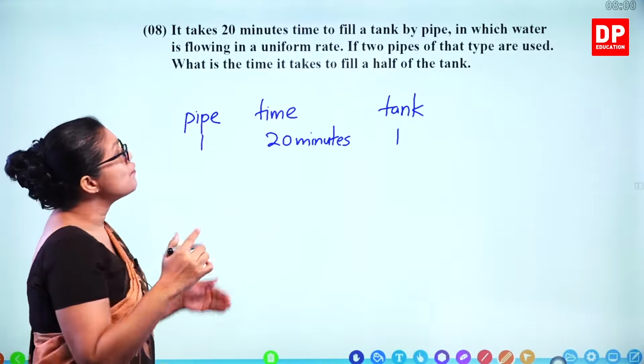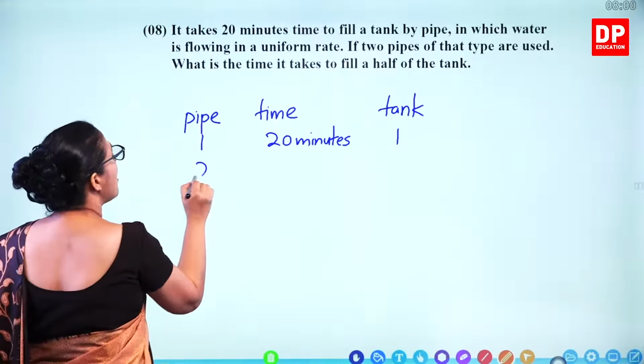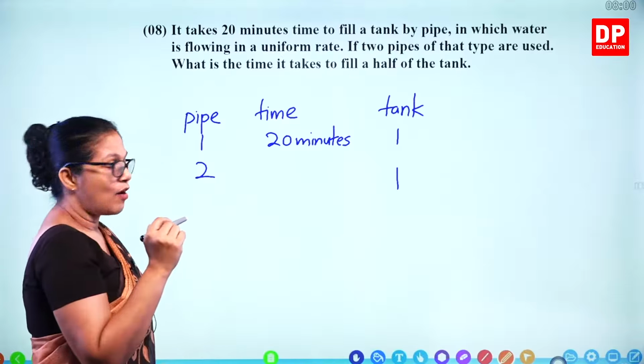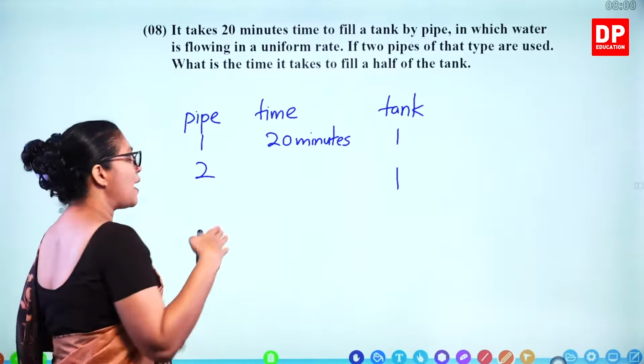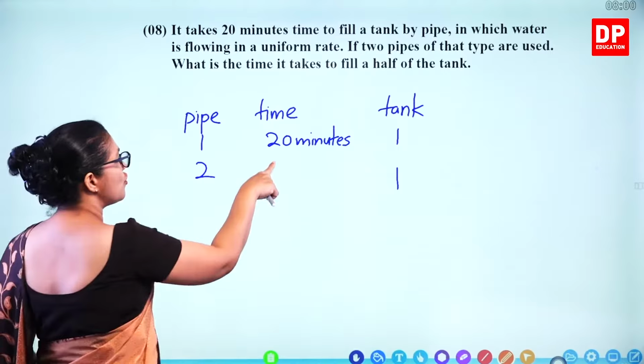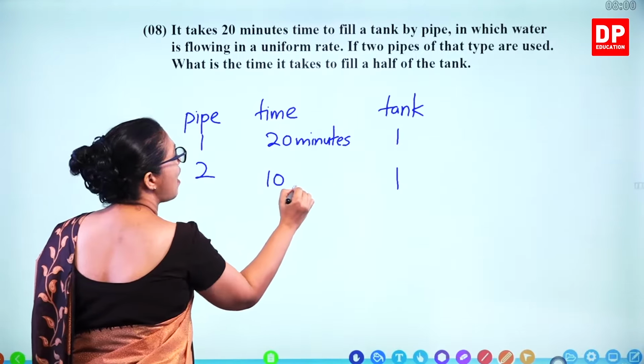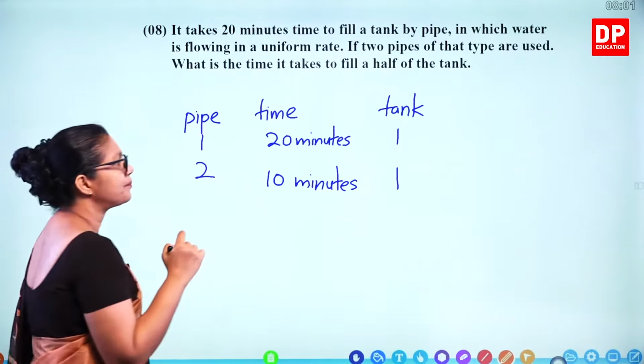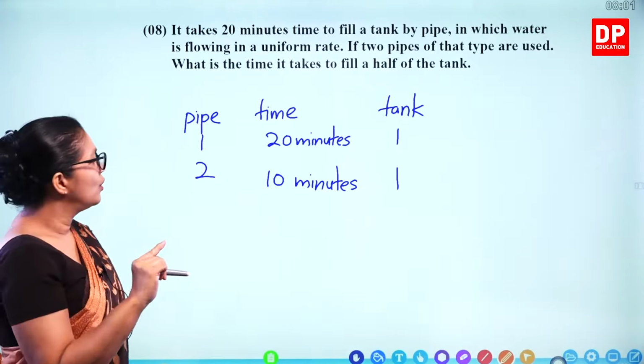It says now if 2 pipes of that type are used. So what happens? The same capacity of the tank. So if 2 pipes are there, this should be 10 minutes, half of the time it takes to fill the full tank. 20 divided by 2.